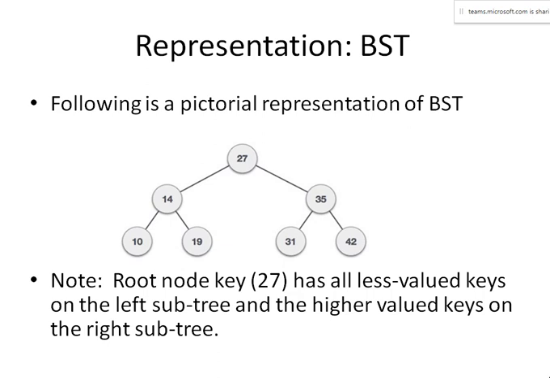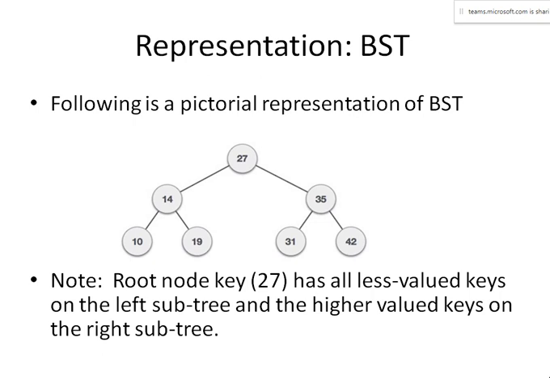Now this figure gives you a pictorial representation of binary search tree. Look at this figure carefully and observe the values placed in every node. You will find the value 27 is placed at the root node. If you look at the left child of this root node 27, the value associated with that left child is 14.